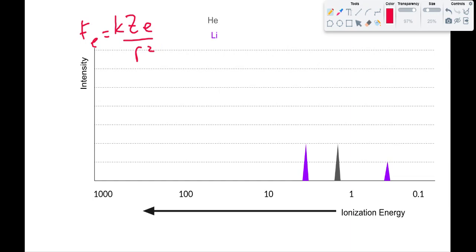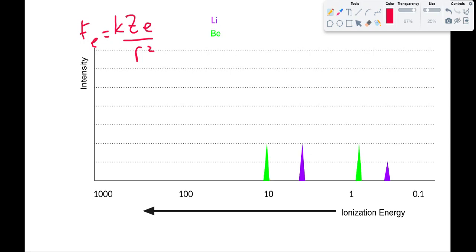So Z is bigger, but also we have this 3rd electron that's in a bigger R. Bigger R means a bigger denominator, and a bigger denominator means a smaller electrostatic force. So it doesn't take as much energy to remove that 3rd electron, and so that's why we get a smaller ionization energy.